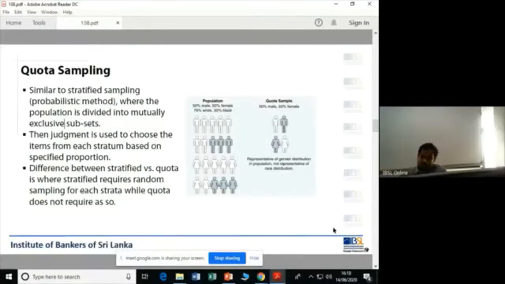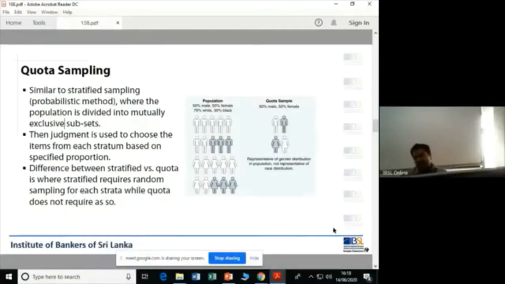But on quota sampling, once you select a quota for a particular subset, let's say 3 items or 4 items or 5 items, you do not necessarily need to use some probabilistic methods or random selections or some organized selections.